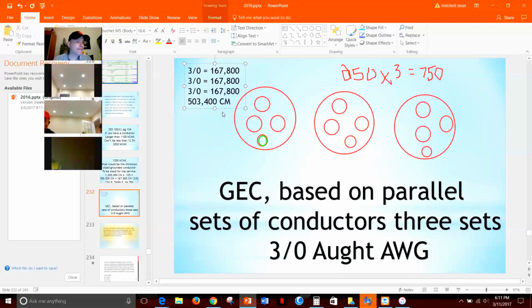Well, with circular mills on Table 8, it goes up to 4-aught. And after that, if you look to the far left, the very first column, we start expressing the wire sizes in circular mills after 4-aught. So a 250 kc mil is 250,000, so on and so forth.